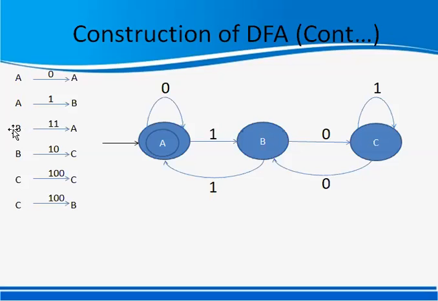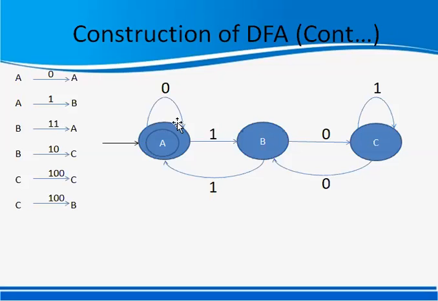Now from state B on input 1. First we will see how we have reached state B from state A on input 1. So from state B on input 1, our complete string becomes 1 1. The decimal equivalent of 1 1 will be 3, and when we divide 3 by 3, it gives remainder as 0.